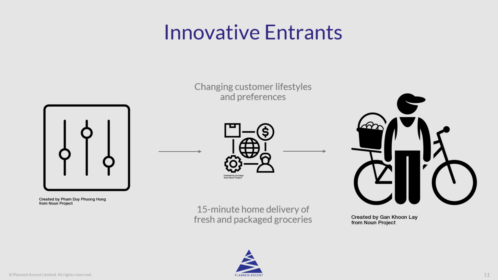These agile new service providers have recognised changing customer lifestyles and preferences and configured a new business model to satisfy them that places, and charges for, a premium on very rapid home delivery of a limited selection of fresh and packaged produce.